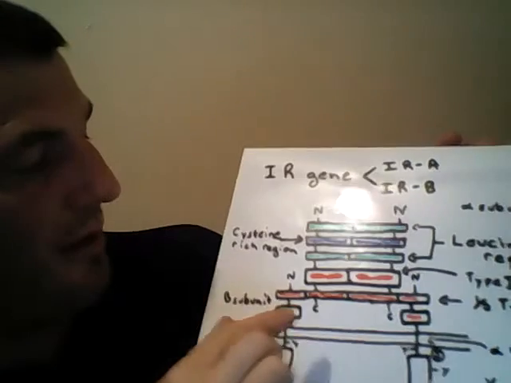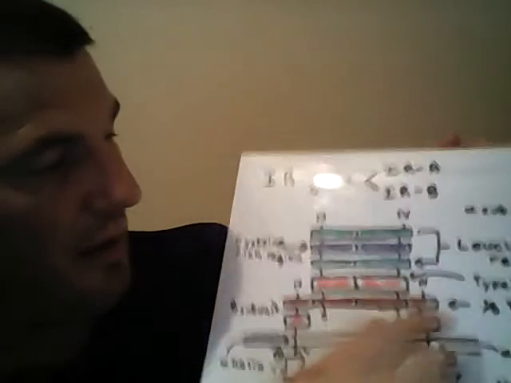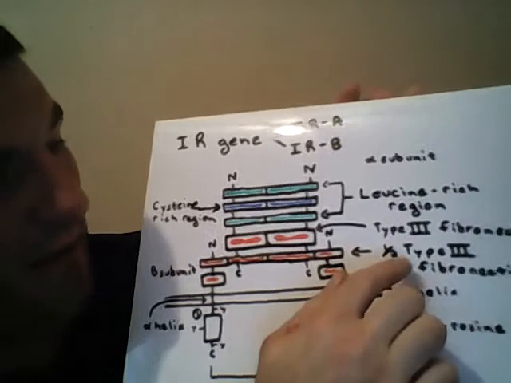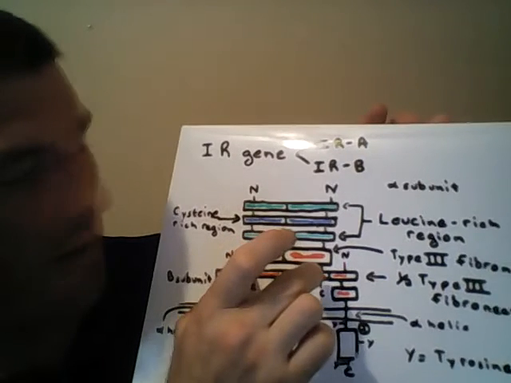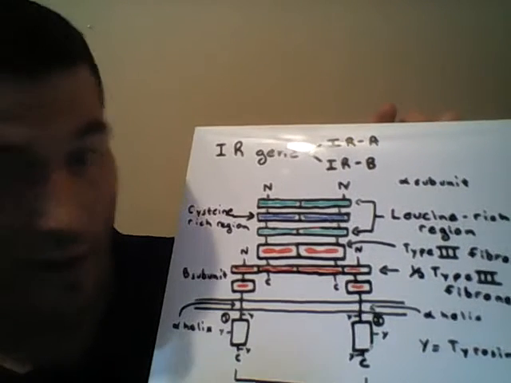But they come in subunits to make up the entire fibronectin molecule, which is going to be important next. The next one right here is half of a type 3 fibronectin, so it only has half of its subunits there.